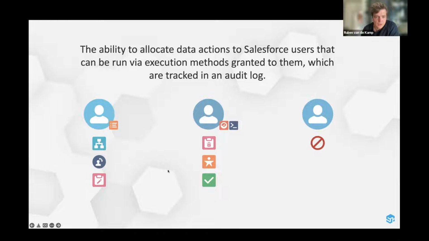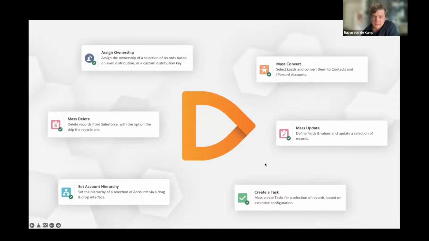What you can also decide is what execution method they can use. For example, user A is only able to execute these actions from a list view, where user B is able to run them in a job and via the API. Just as an example. In the end, we will record everything that these users do in the audit log, right? So that's basically what the platform is, which I'll show you a couple nice things in a second.